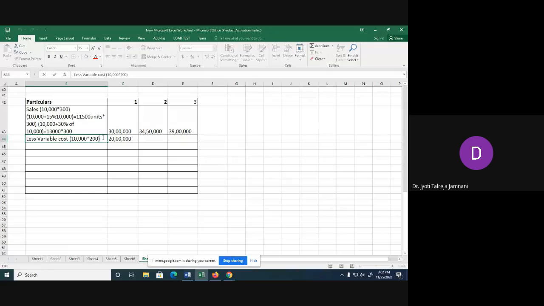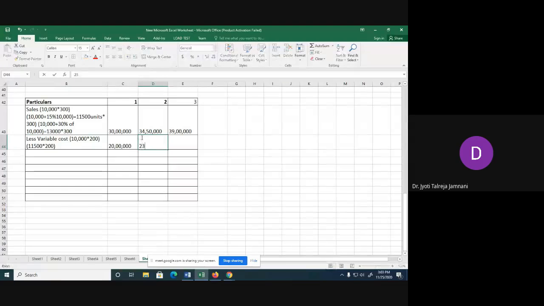In the second case, it is 11,500 units into 200 per unit. So 11,500, 23 lakhs is the variable cost. And in the third case, 13,000 units into 200 is the variable cost, 26 lakhs.